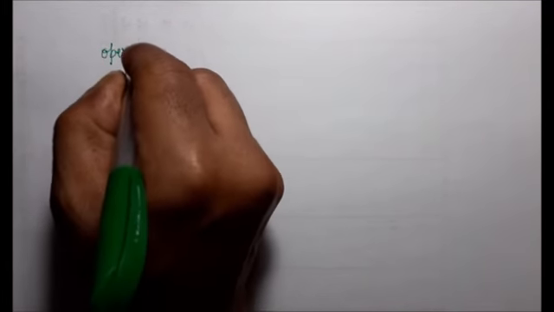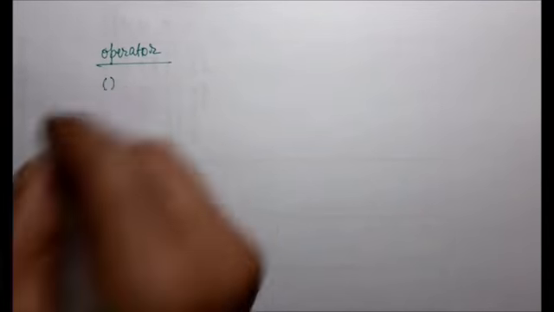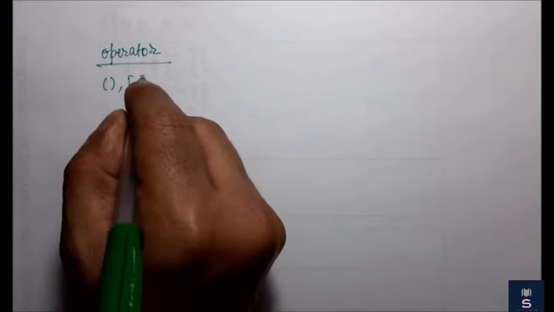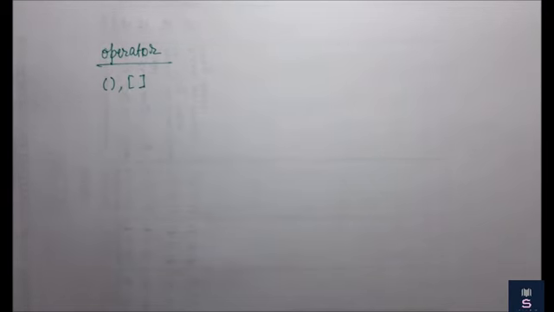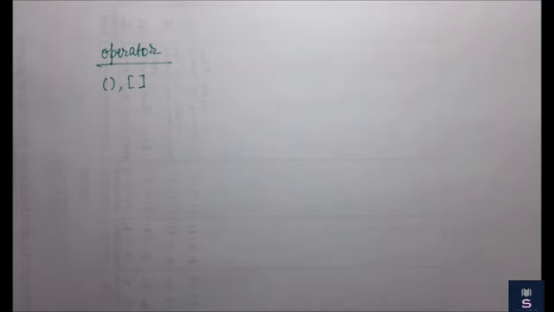So let us see, when multiple operators are present, what is the precedence of these operators. For example, we have the bracket operator, you already know that, and we have the array subscript operator. We are already familiar with these operators because the bracket operator is used in functions, and the subscript operator is used in arrays, to define the size of an array, right?